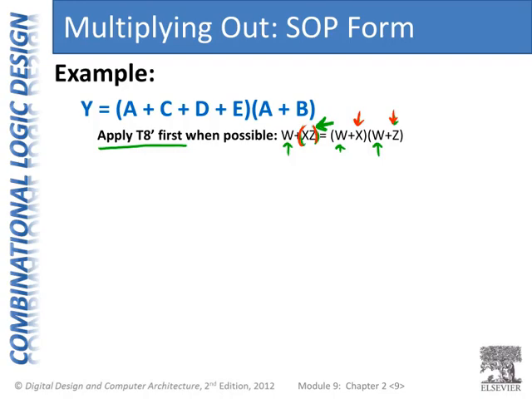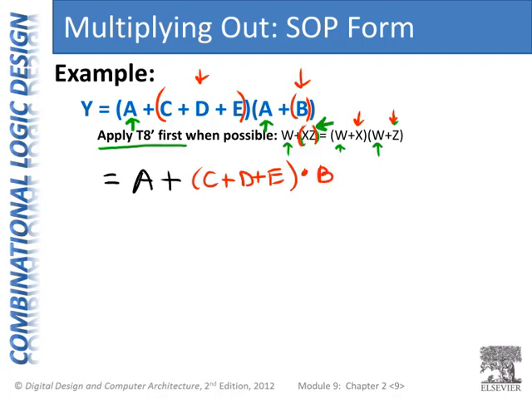We have some term or something, quantity and that same term A or something. And so we're going to use T8 prime distributivity to turn this into A or that second term, C or D or E, ANDed with this term B. Again, very important to keep the parentheses in place there.